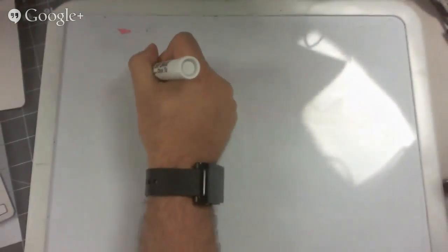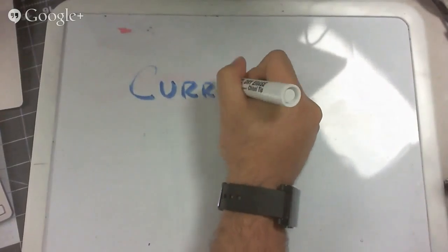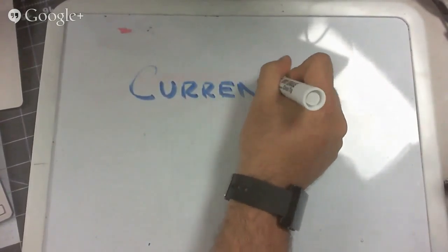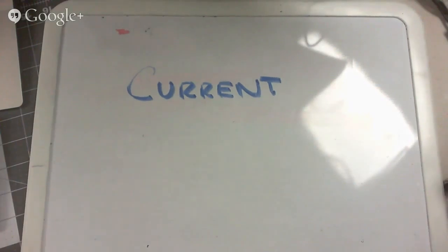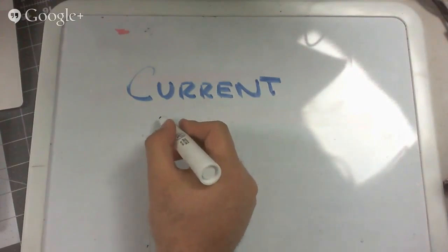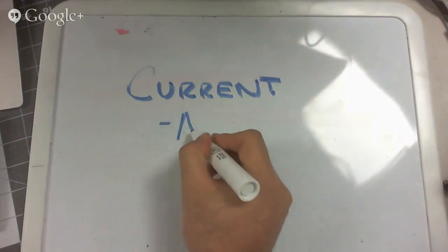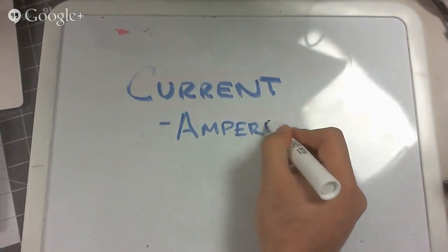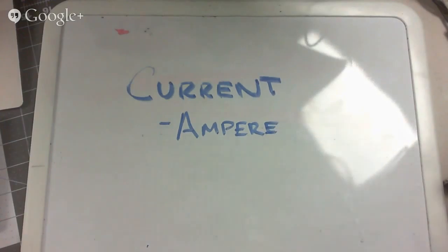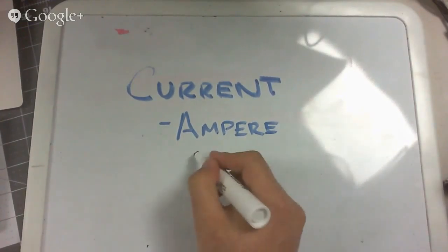So let's next talk about current. Current is measured, oops, let me bring that back here. Apologize. It is measured in actual amperes, though it's often shortened to just amps.